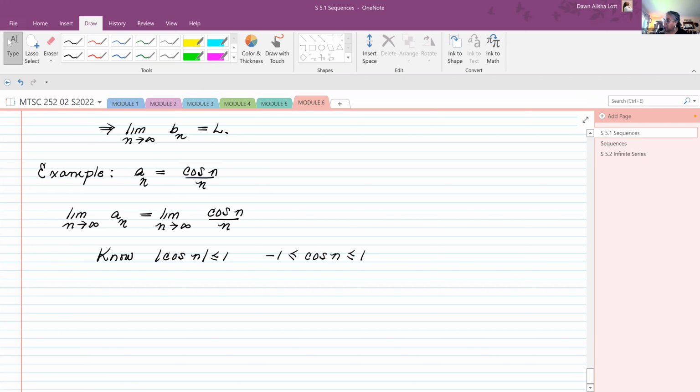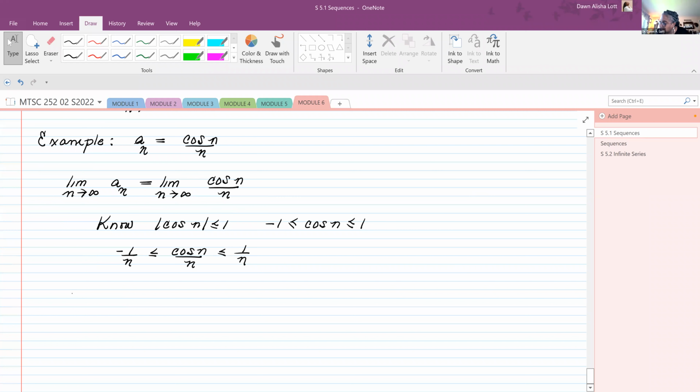But that also means then that -1 over n is less than or equal to the cosine of n over n, which is less than or equal to 1 over n. Okay, so I can divide the whole thing through by n. So now when I take the limit as n approaches infinity of 1 over n, I get 0.